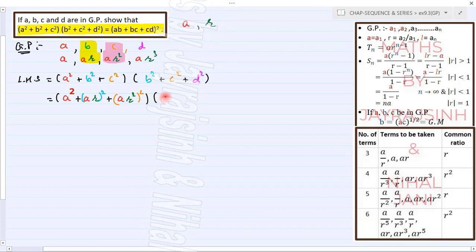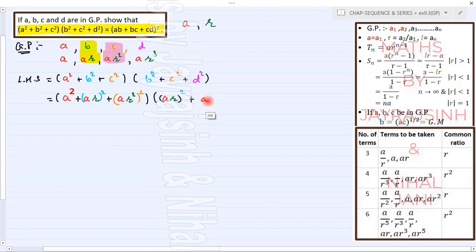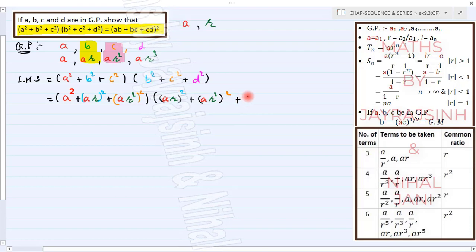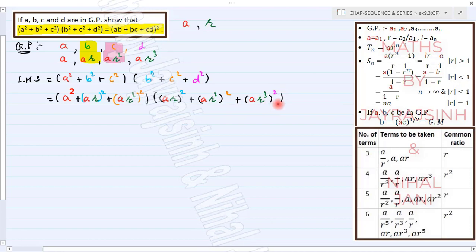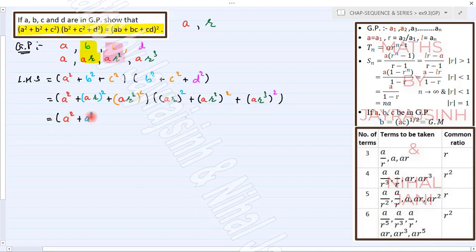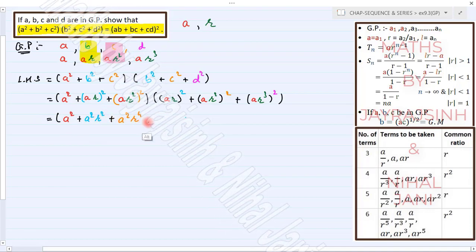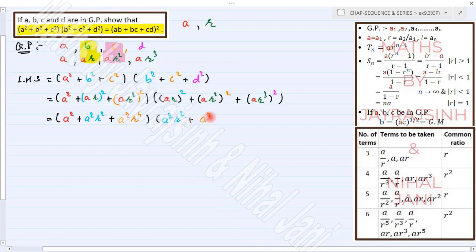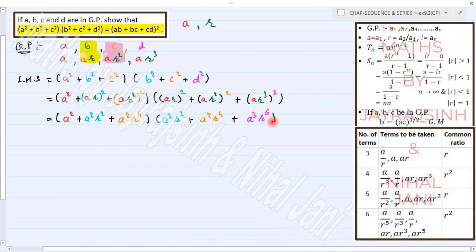Similarly, in the second bracket, we'll get (ar) the whole square plus (ar square) the whole square plus (ar cube) the whole square. So here we'll get a square plus a square r square plus a square r raised to 4, then a square r square plus a square r raised to 4 plus a square r raised to 6.